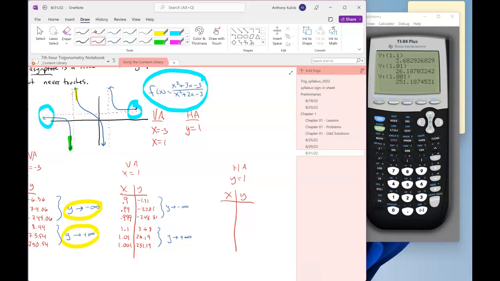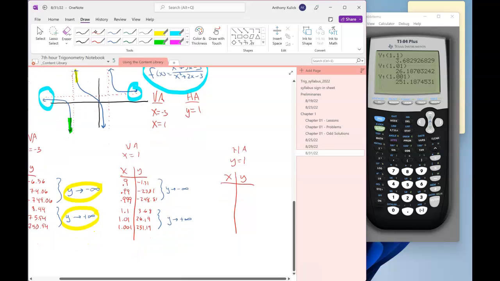They're not getting closer and closer to a specific x value, right? They're getting just progressively smaller or progressively bigger. So if I want that left blue circle, I want values of x that are getting progressively smaller and smaller and smaller. So I'm just going to pick -10, -100, and -1000.